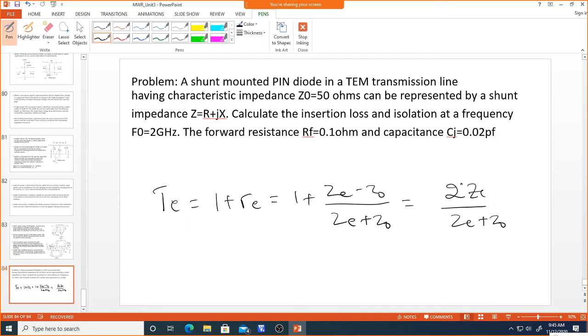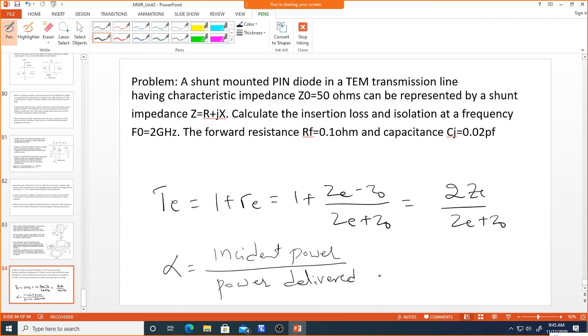Now the insertion loss we can represent as alpha. It is the incident power divided by the power delivered to the load.